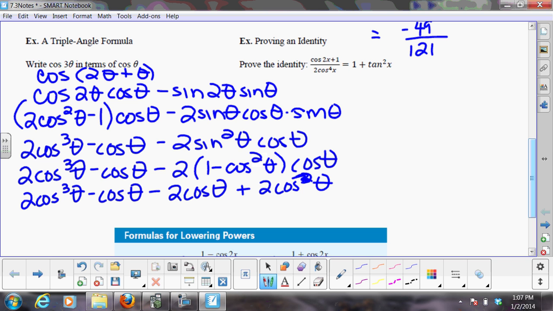Then I just combine like terms. So we have cosine cubes, which are 4 cosine cubed theta, and then cosine theta, which is minus 3 cosine theta. And there you have it. Got all that down? If not, pause, rewind, whatever you have to do to get that down, because I have to erase it now.